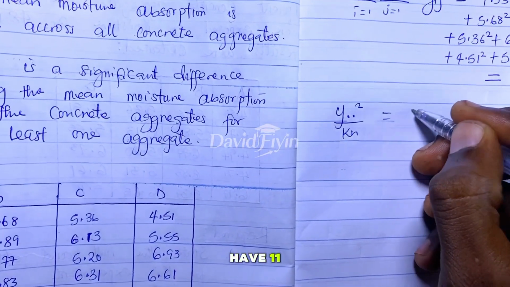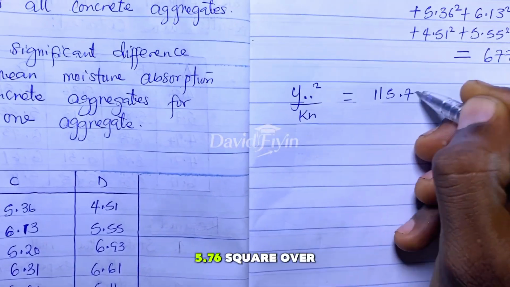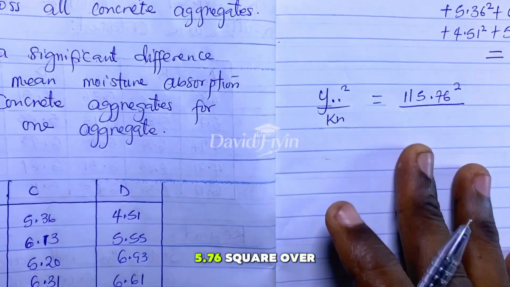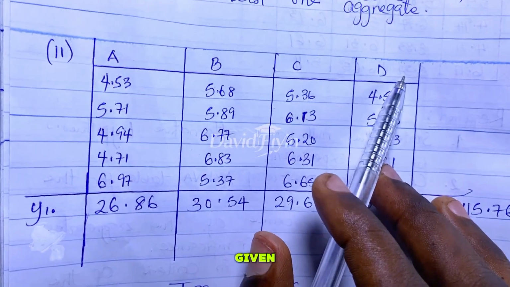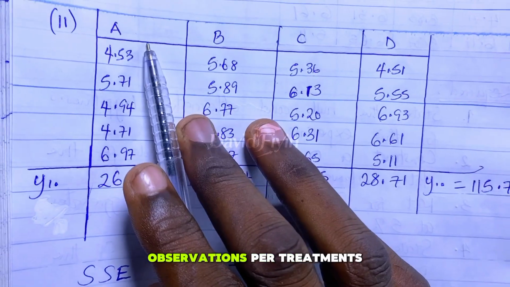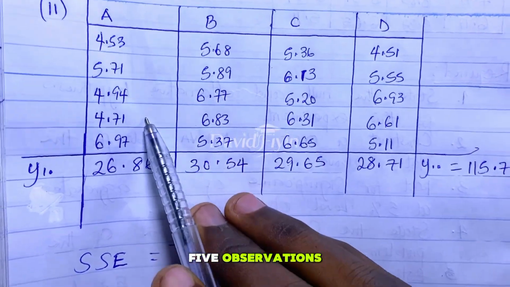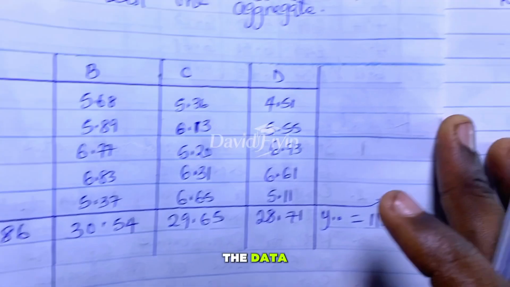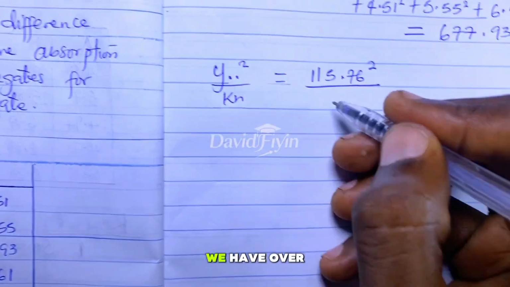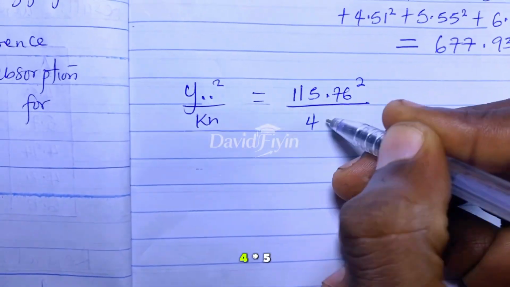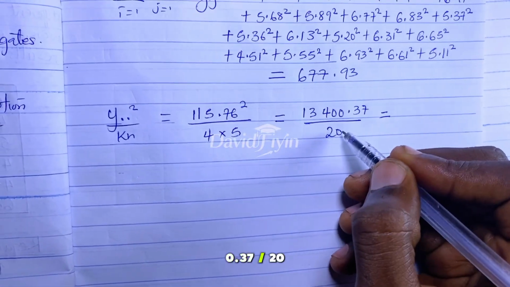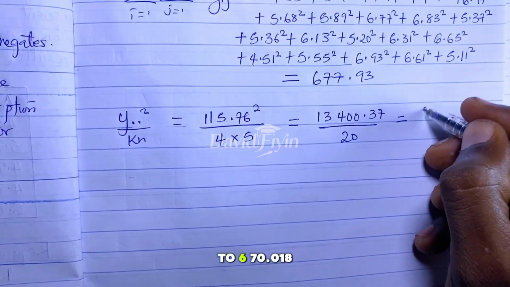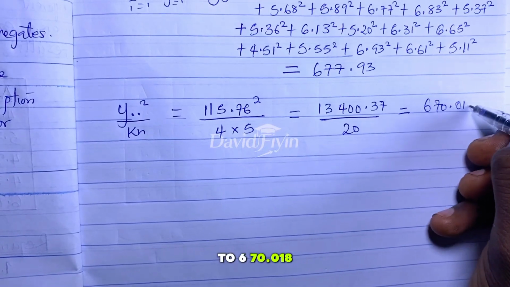We have 11.576 squared over, now our k is the number of treatments that we have. There are 4 treatments in the data that was given, and n is the number of observations per treatment, and there are 5 observations per treatment. So if we apply that, we have over 4 times 5, which gives us 1340.37 divided by 20, which is equal to 670.018.